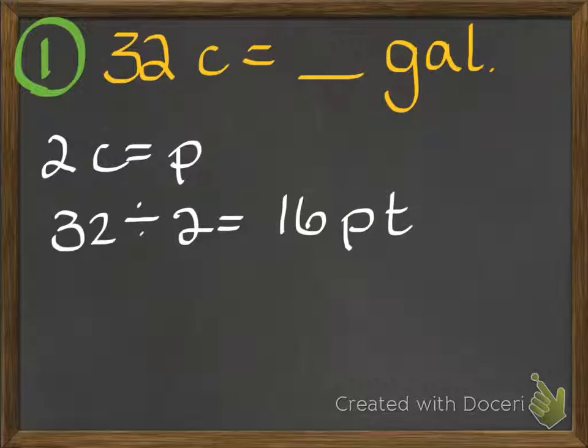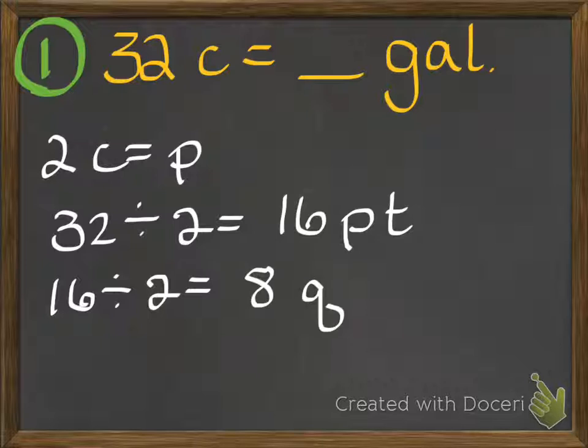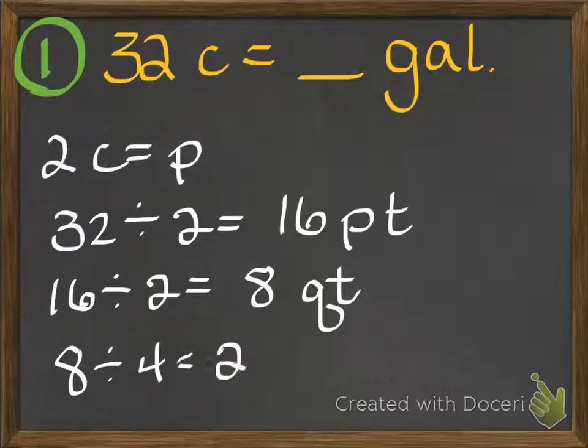I know that 2 pints equals a quart, so I'm going to take 16 and divide it by 2 again. So 16 divided by 2 is 8 quarts. And I know that there are 4 quarts in a gallon, so I'm going to take 8 divided by 4, and that equals 2. 2 gallons. So 32 cups is the same as 2 gallons.